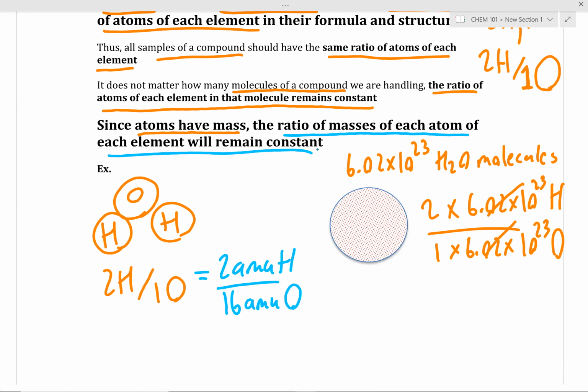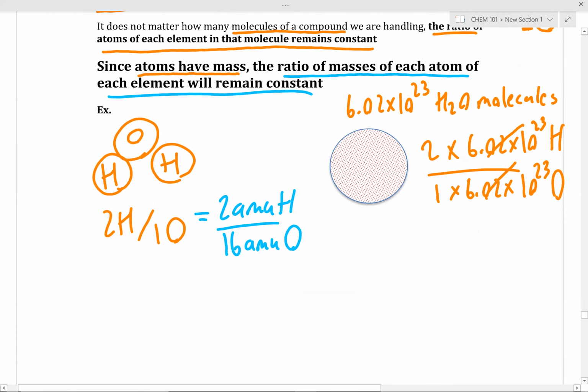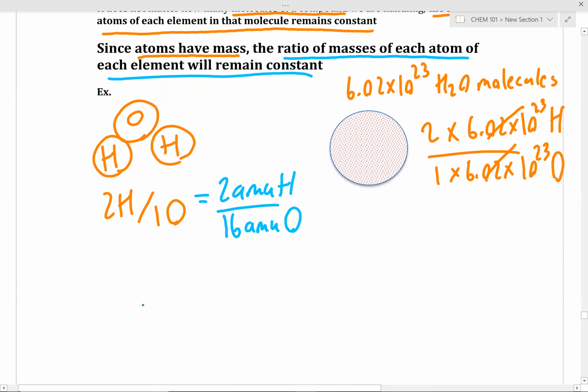So then we can scale this up even further. Let's suppose we're looking at a drop of water. And suppose there are 2 milligrams of hydrogen per every 16 milligrams of oxygen. Okay, same mass ratio, right?